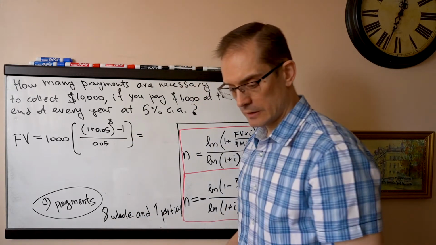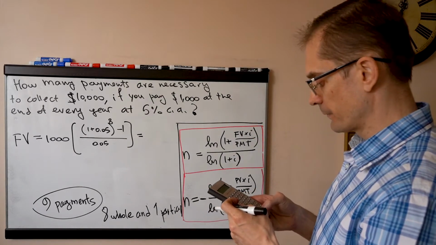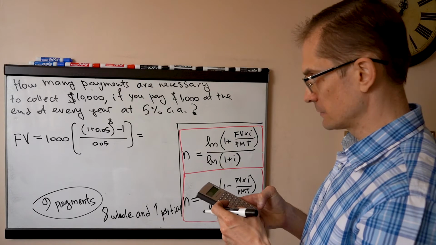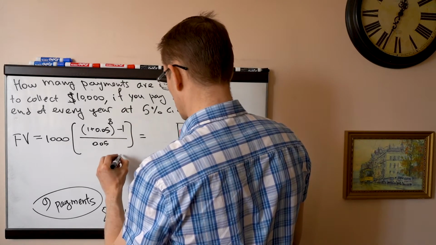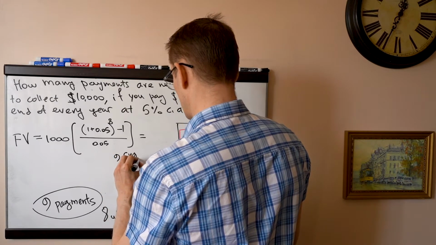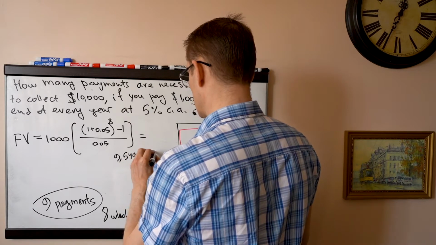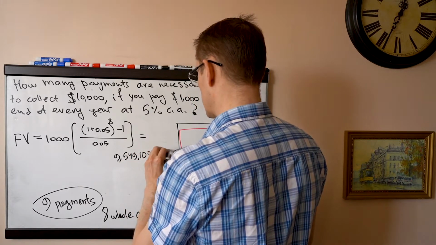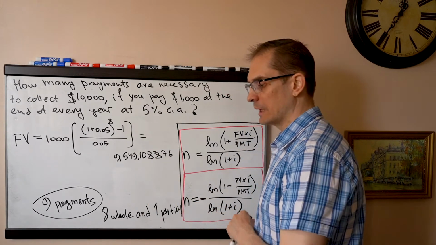Let's calculate this amount. How much money will we save after 8 years? It is 9,549.108876. That's how much money you will have in your account after 8 periods.